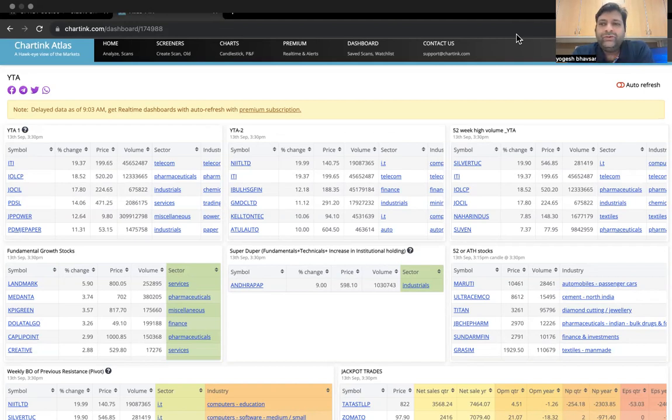I'm going to share my entire dashboard with you all, but at no point of time is any investment or trading that you do on the basis of this dashboard or any stock we are discussing my responsibility. It is purely based on technical parameters that have been put inside.